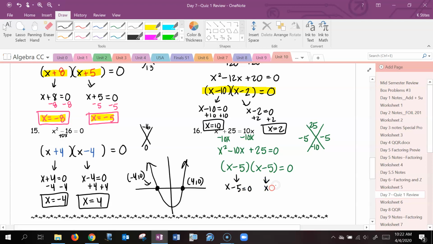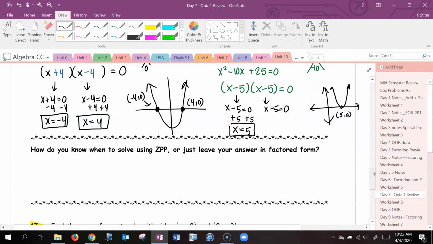I mean, you can if you want to, I guess. But when you solve it, you're just going to get the same thing for both of them, right? You're just going to get x equals 5. So you don't need to tell me that x equals 5 twice. Like, it's just x equals 5. What that means is that your parabola only hits once, and it's at 5, 0. Okay? So you really just have to set one of them equal to 0 if there's only going to be one answer.